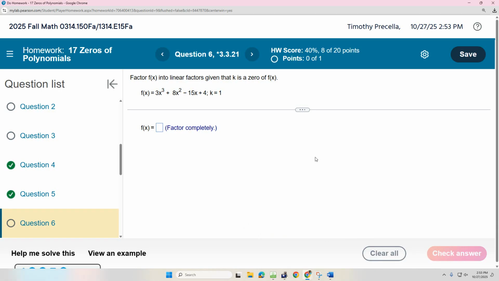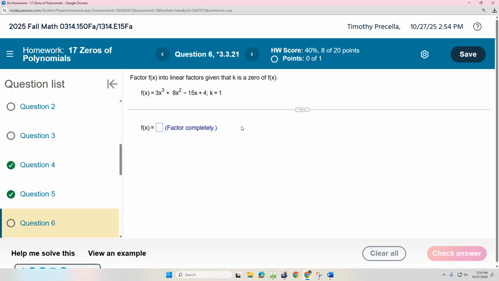Okay, number 6. Let's go back to that number 6. And hopefully y'all agree that we have not factored anything with an x cubed so far. All we factored is x squares. When we have an x square and we're factoring a quadratic, how many sets of parentheses do you have?